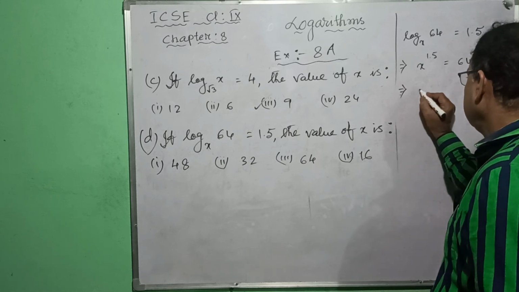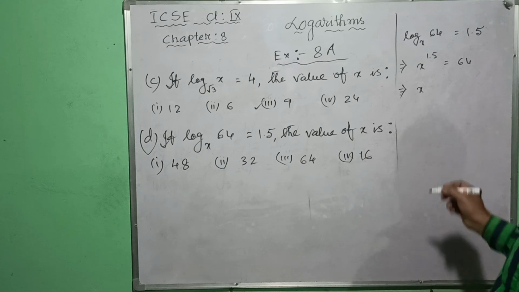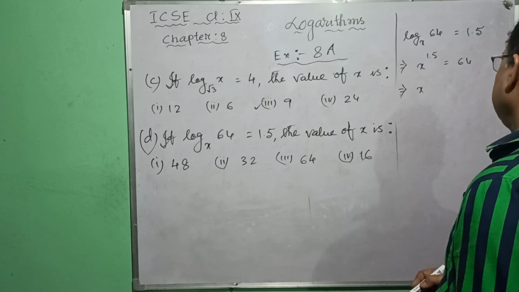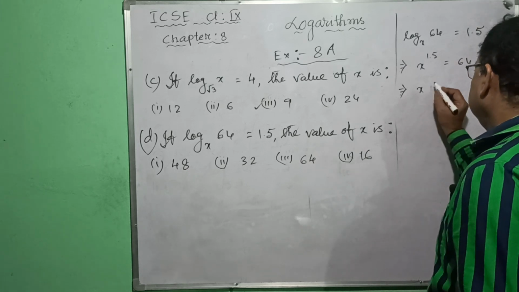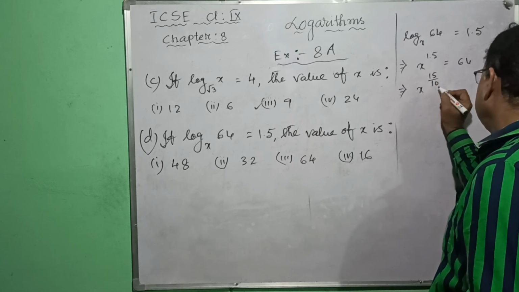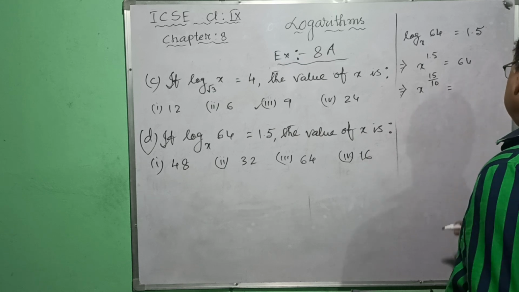This implies x to the power 1.5. So 1.5 we can write 15 by 10 equal to 64.